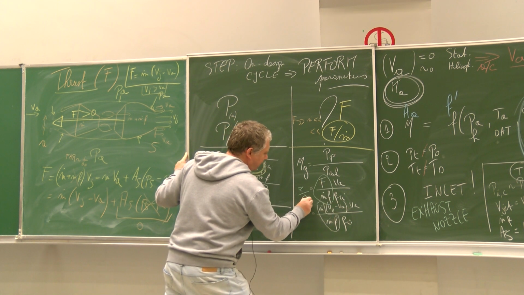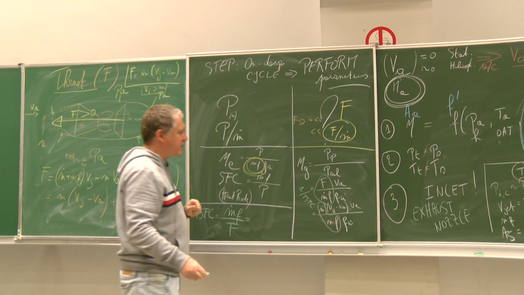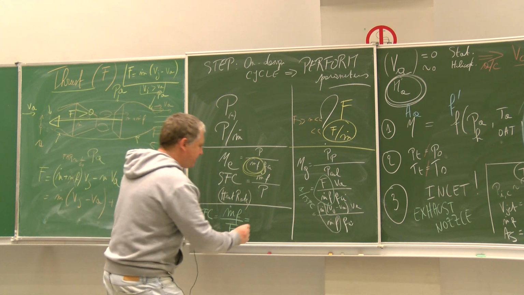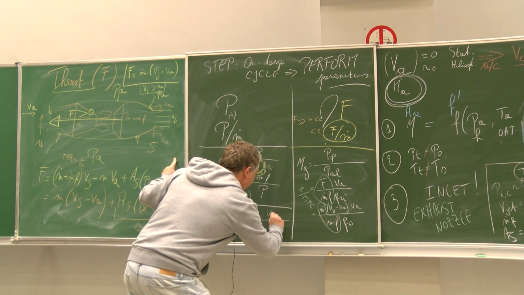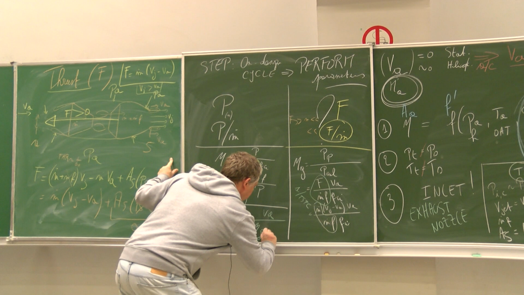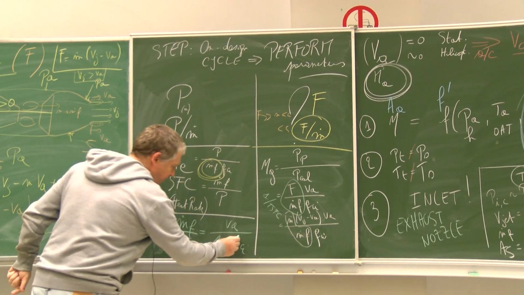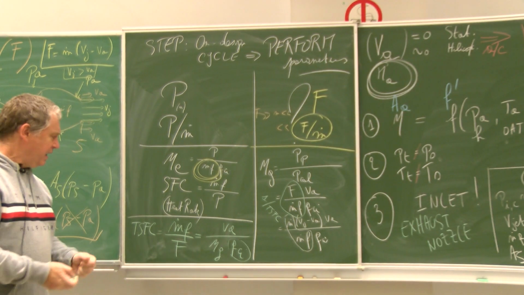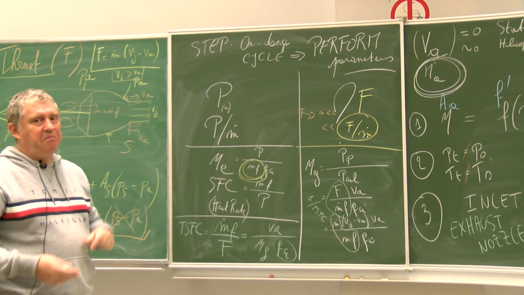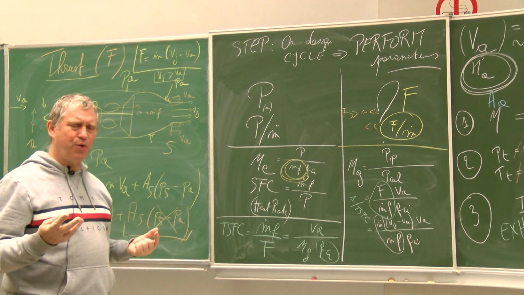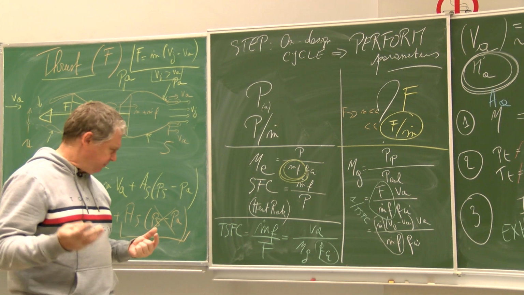Here you have 1 divided by the TSFC. So the TSFC is equal to VA divided by eta global QCI. This is a constant. This is eta G, that is an efficiency. We like working with efficiencies.